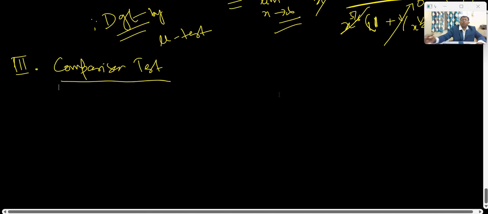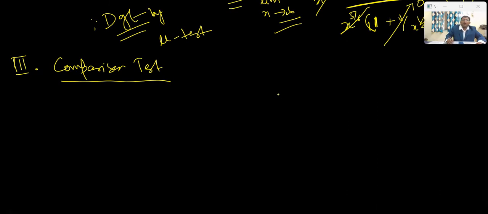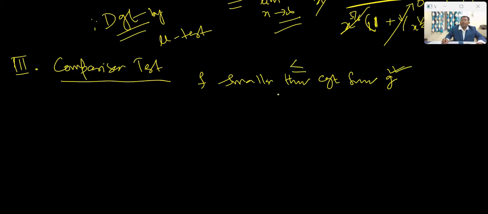A function smaller than the convergent function. We have a function f here, and we have a function g here. Now the moment this g is convergent, and f is a smaller function, then this implies f must be convergent.